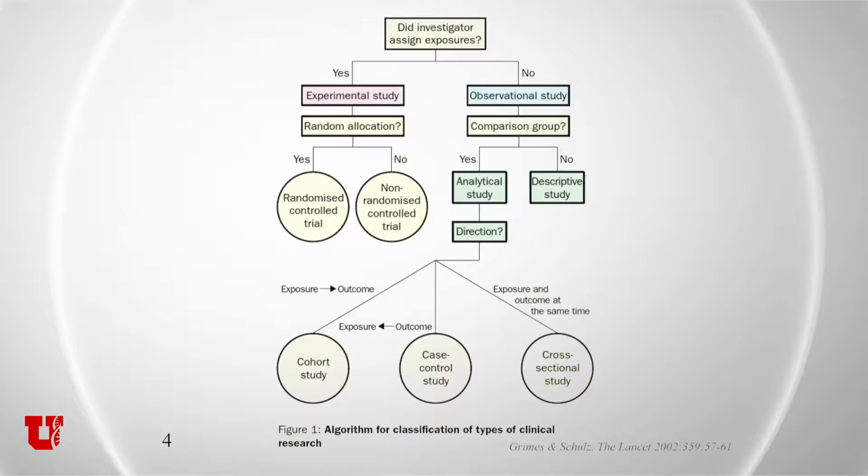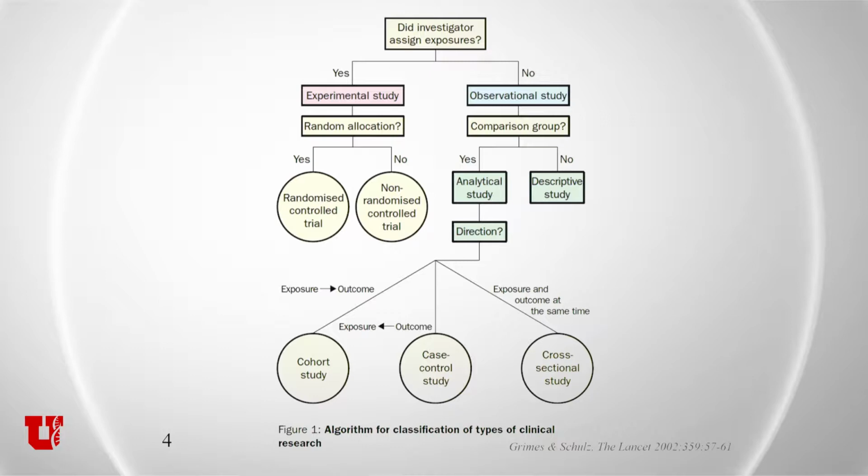If yes, a randomized trial. If no, a non-randomized trial. And then on the right, if the answer to did the investigator assign the exposures is no, that becomes an observational study. And if it's observational with no comparison group, that's a descriptive study. If it does have comparisons, then that's an analytic study.